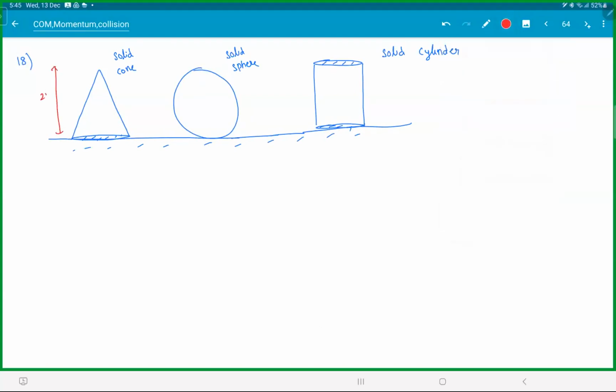This height is 2r. This is 2r. Similarly, this is also 2r. This is also 2r and this is also 2r. Find the ratio of potential energy. So the height and the width are same for all, but the shapes are different. Find the ratio of potential energy. Get it? Easy one. Just a substitution there.